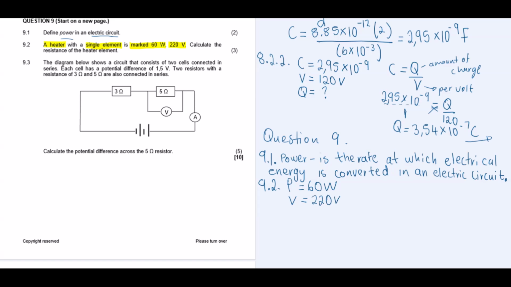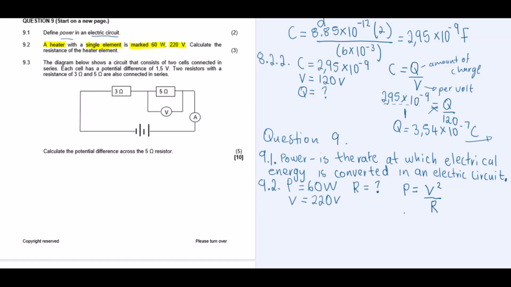And then we also have the voltage, which is 220 volts. Then they want us to calculate the resistance, right? For us to be able to calculate resistance, if you look at your formula sheet, there is a formula that relates power, voltage, and resistance.